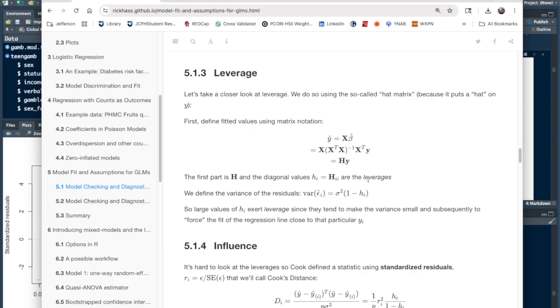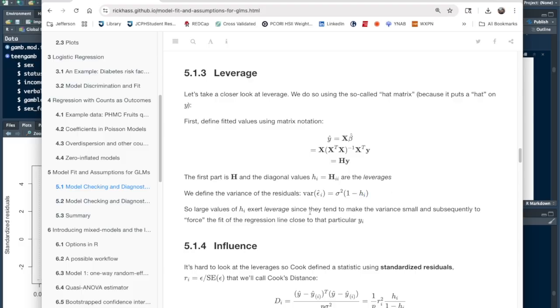This matrix has on its diagonal entries that we call leverages. Leverage is based on the fact that even though the errors of the regression model should have constant variance, sigma squared, in fact the residuals in our model will not. The variance of the residuals will vary a little bit according to each individual observation's leverage value.